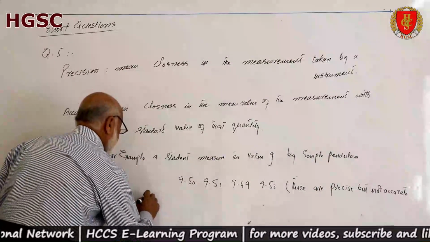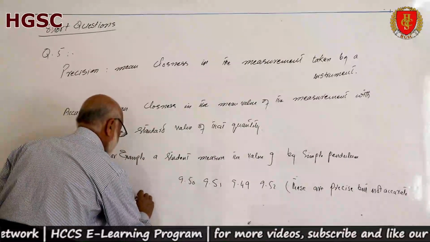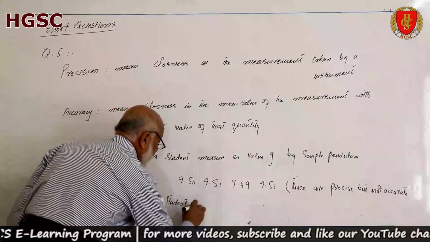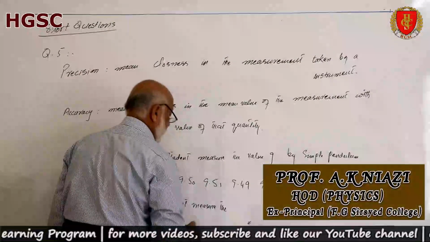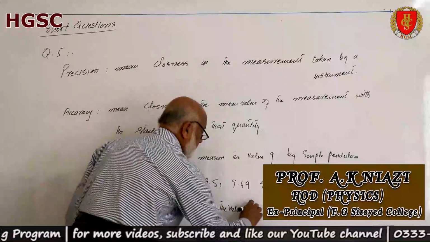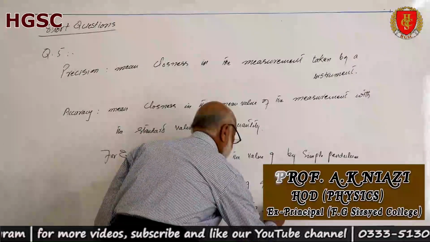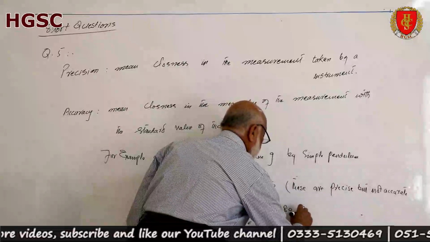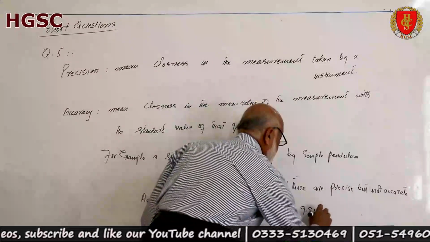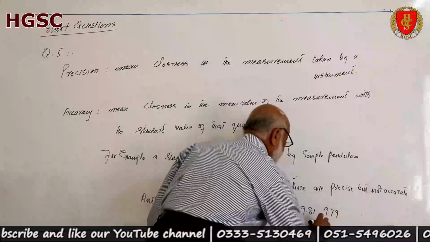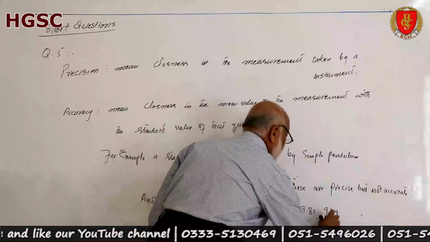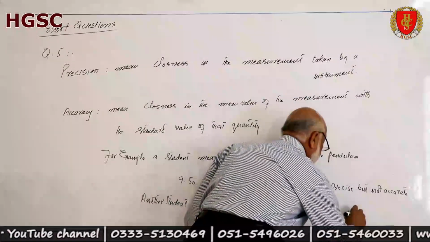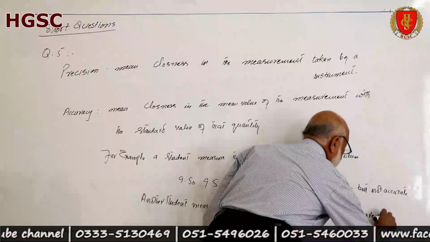And if another student measures the value of g equal to 9.80, 9.81, 9.79, these are accurate.